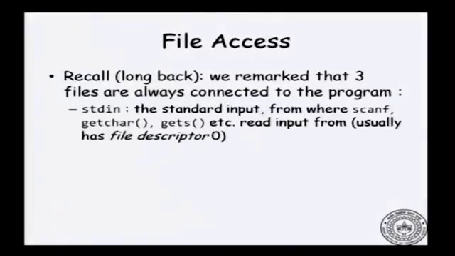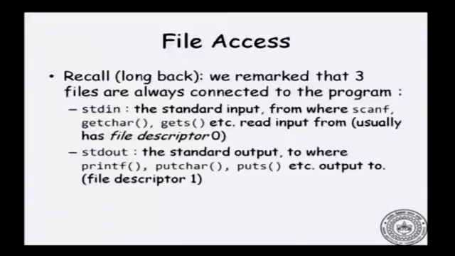Now, recall that in one of our earlier lectures, I said that there are 3 files which are available by default to all C programs. So, these are standard input, stdin, this is associated usually with the keyboard, and this is where scanf, getchar, gets, these kind of functions get their input from.